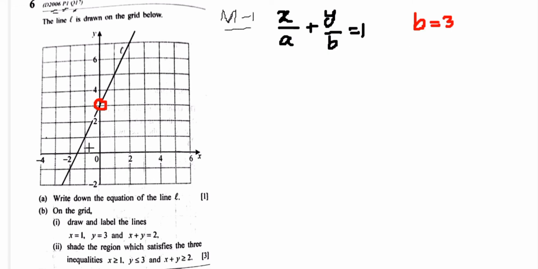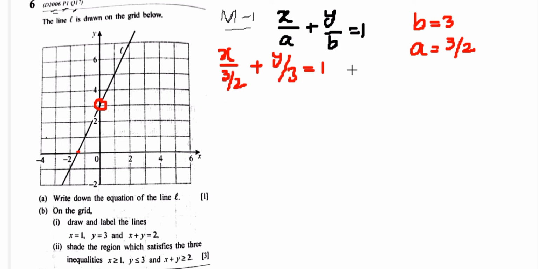And the line cuts the x-axis at this point, and this point is 1.5. Your a is 1.5, that is 3 by 2. So by putting these values of a and b in this line, we have x over a, that is 3 by 2, y over b, that is 3 here, equal to 1.